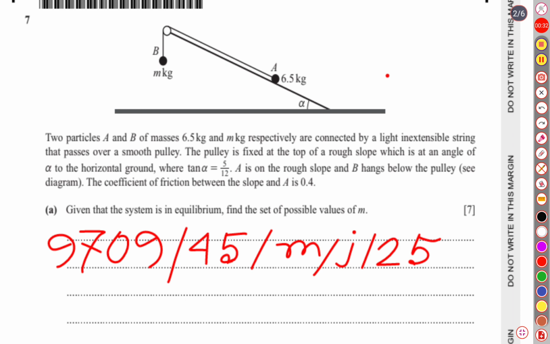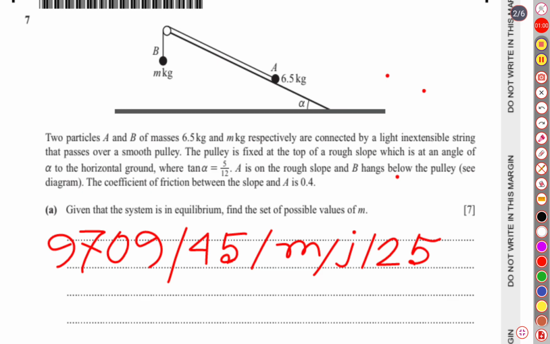It says two particles A and B of masses 6.5 kg and m kg respectively are connected by a light inextensible string that passes over a smooth pulley. The pulley is fixed at the top of a rough slope which is at an angle of alpha to the horizontal ground, where tan alpha is 5 over 12.